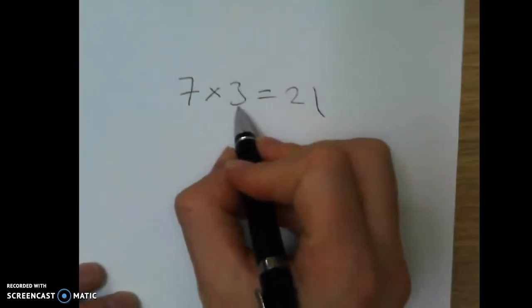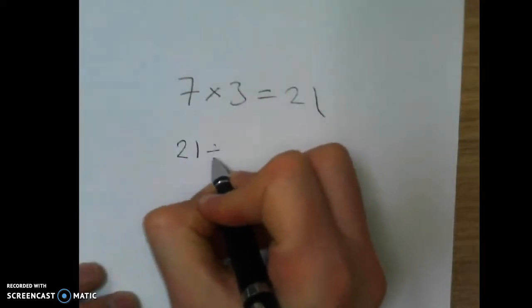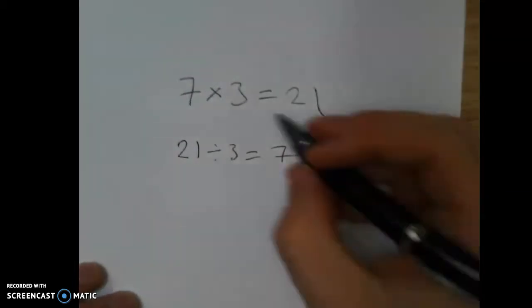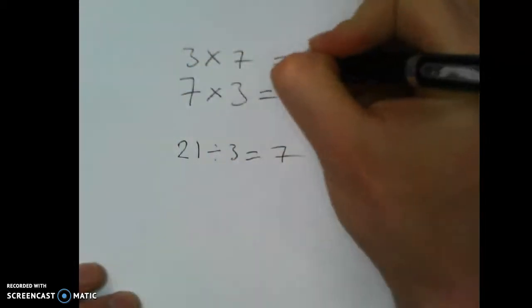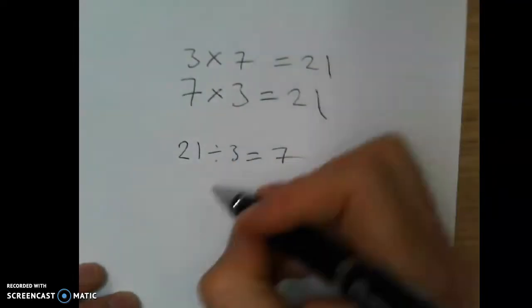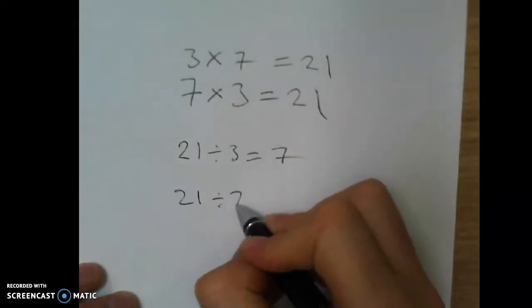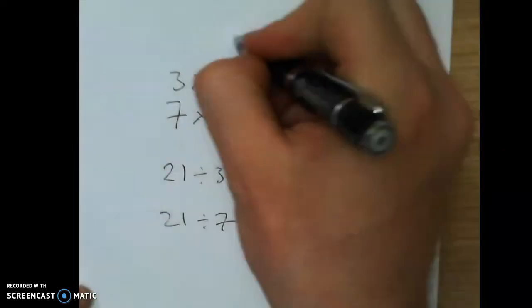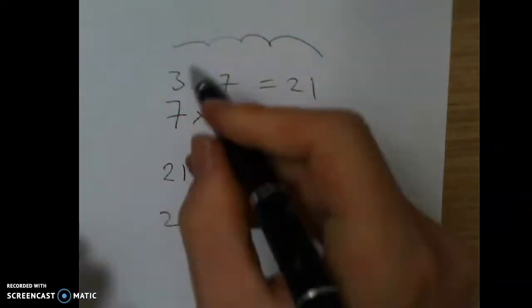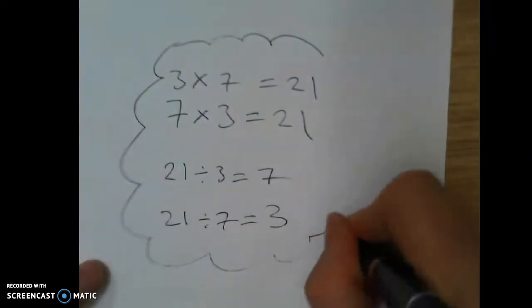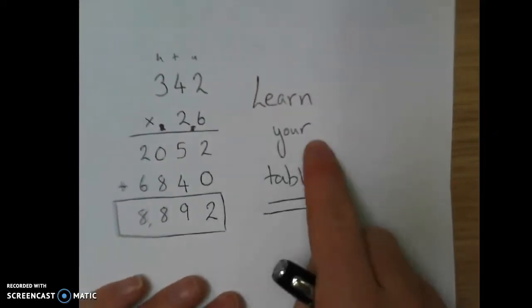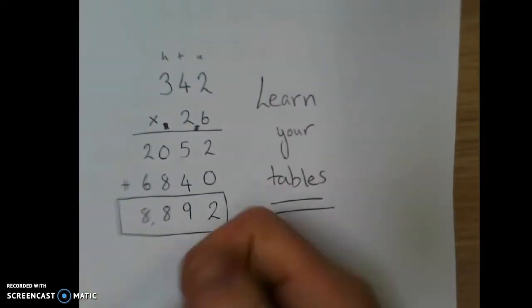Because 21 divided by 3 is 7. 3 times 7 is 21. 21 divided by 7 equals 3. So if you guys just keep practicing your tables, it'll make everything, and I mean everything, easier. Well done.